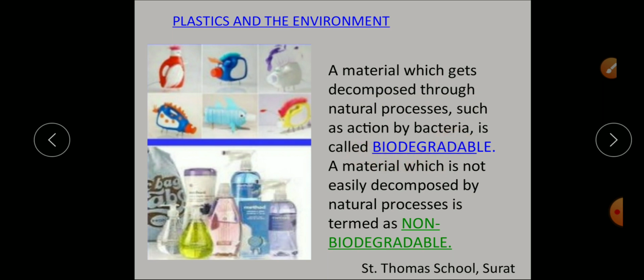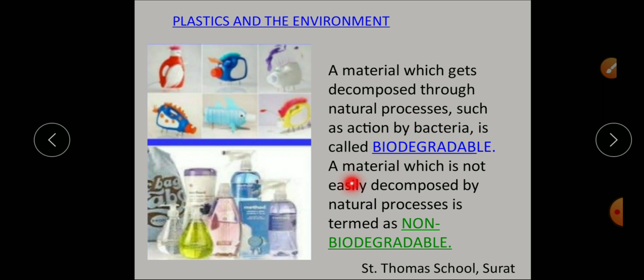What is biodegradable? It means capable of being decomposed by bacteria. They are called biodegradable.